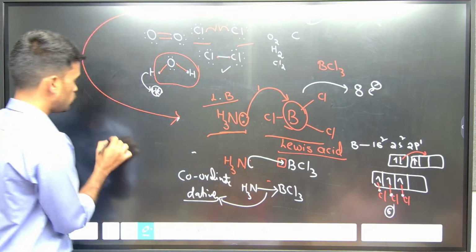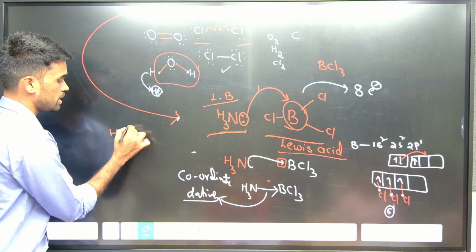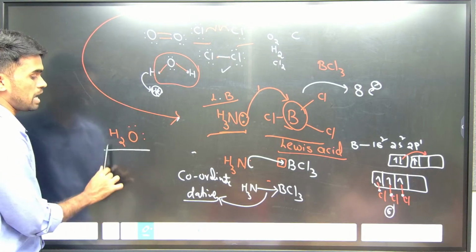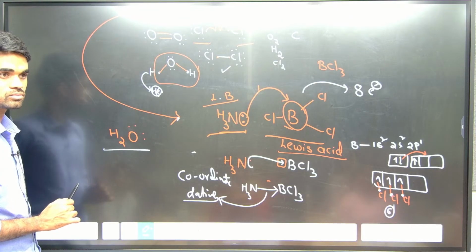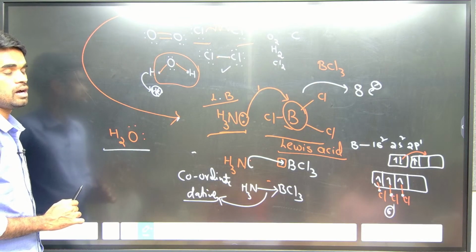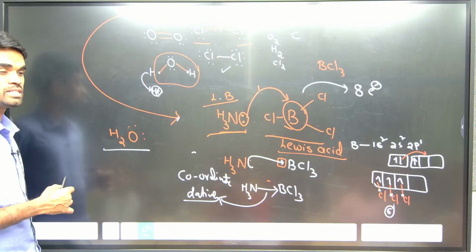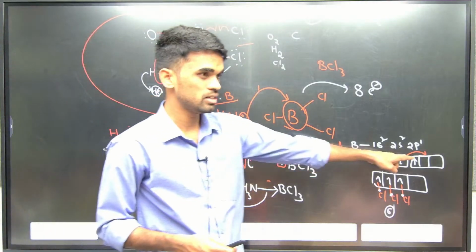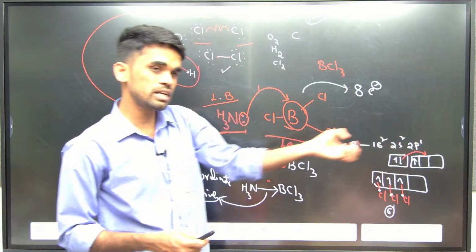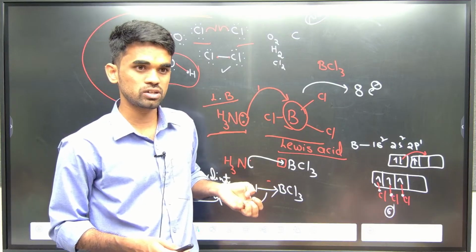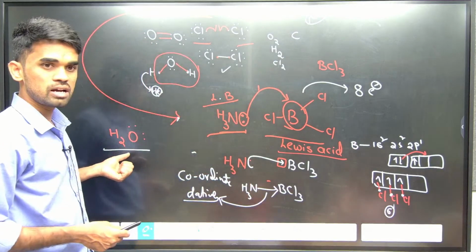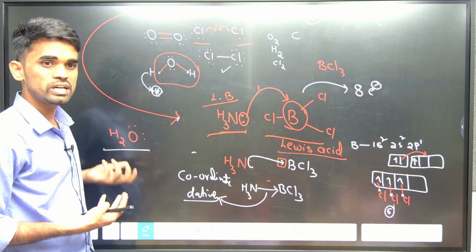So now tell me water. I am writing it, it looks like this. Tell me whether it can act as a Lewis acid or Lewis base. In order to act as a Lewis acid, it should have some vacancy, some deficiency. Then only it can accept the electron. Here all orbitals are already filled. So how can it accept?